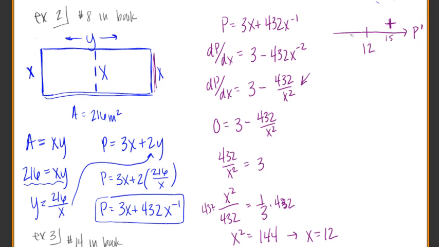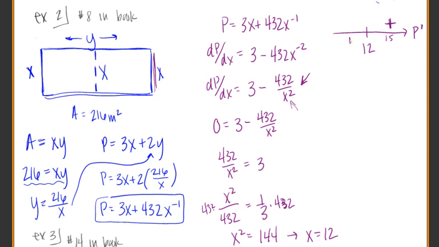Let's test a number to the left of 12. Always 0 seems to be fun, but look at that. If I go back in here to my derivative and I test 0, what's going to happen to that denominator right there? Well, you can't divide by 0, can we? So what it's showing is that this is actually one of those asymptotes where it can't be 0, so we can't test 0.